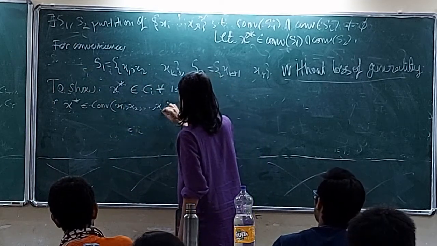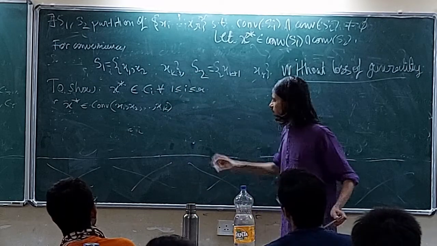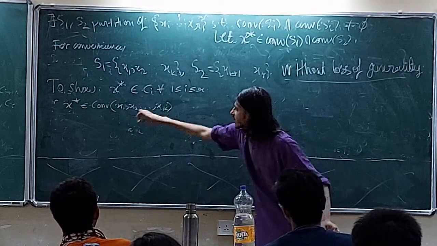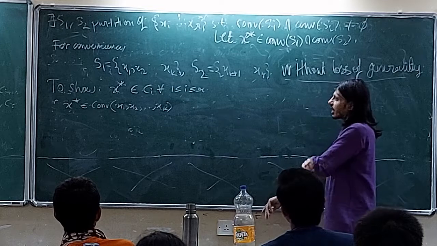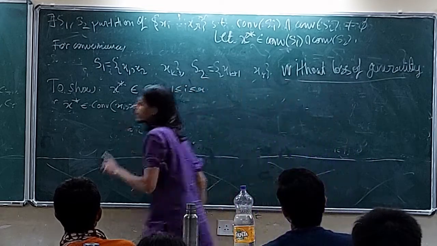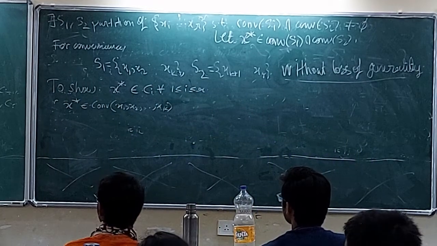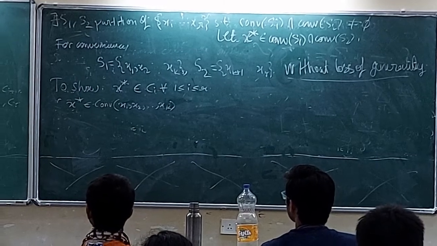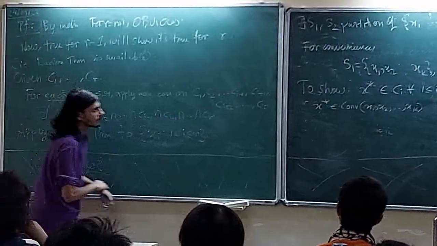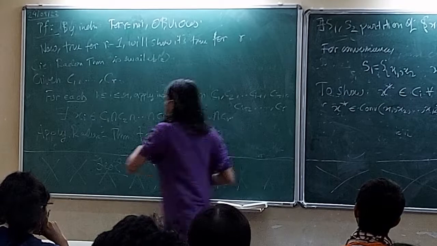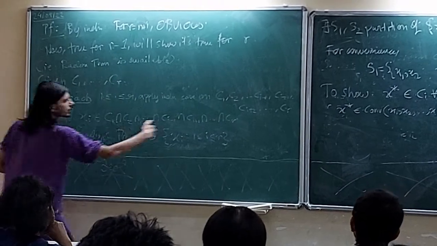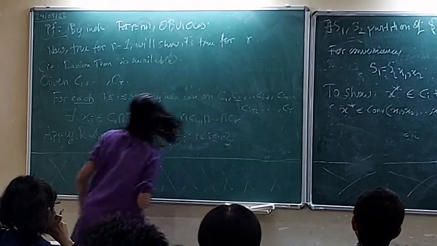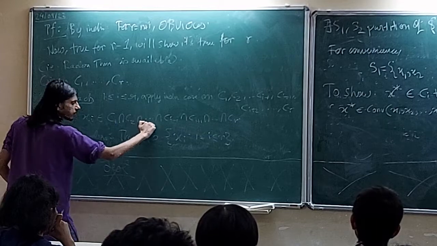So x star is in the convex combination of these points, right? But now look what's happening. This is beautiful. Where is x1? x1 is in C2 intersection C3 intersection all the way, right? x2 is in C1 intersection C3 intersection and so on. x3 will be in C1 intersection C2 intersection C4 and so on.